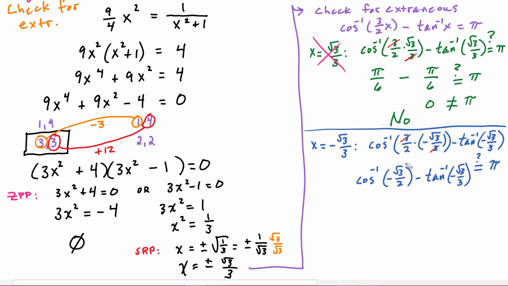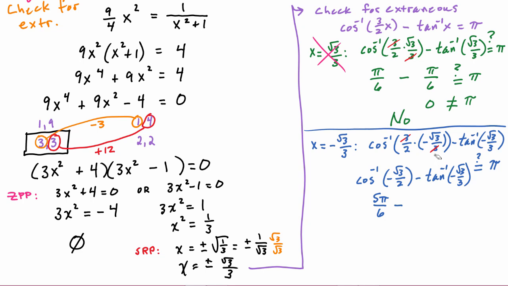So here you have to think of an angle such that the cosine of theta equals negative radical 3 over 2, and theta must be between 0 and pi. Now the only angle for which that is true is 5 pi over 6 minus, here we have to do tangent inverse of negative radical 3 over 3.